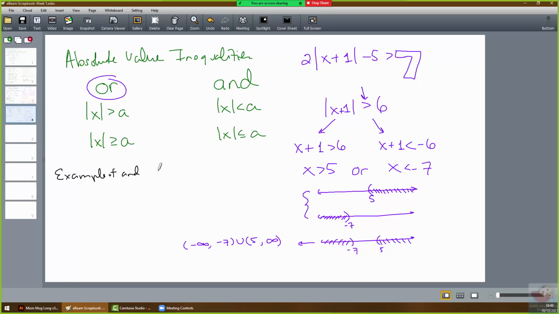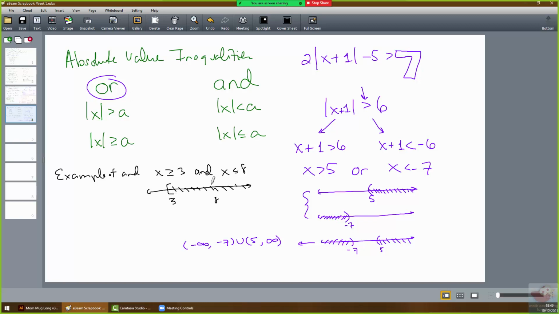I'm just going to make this up. Let's suppose we have x greater than or equal to 3 and x less than or equal to 8. When you have an "and," you typically have an overlap. If this were 3 and we want greater than, we would want to the right.